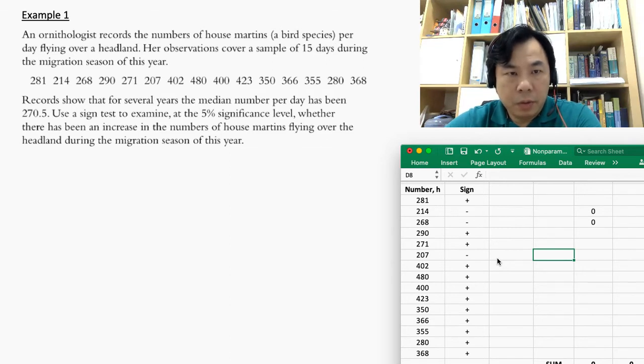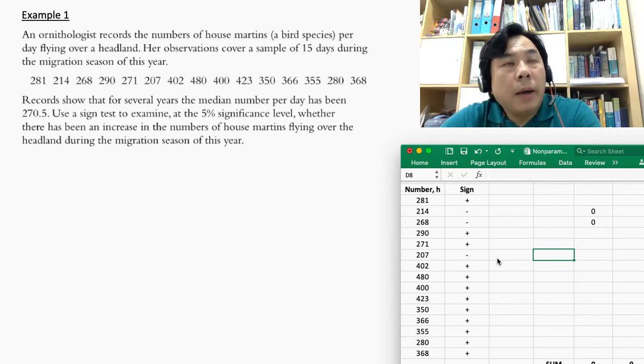Now, for instance, on a specific day, there are 281 house martins flying over that headland that she is observing. All right, so there are lots of birds actually. She must be using a certain device to estimate the number of birds that fly over that region. Right.